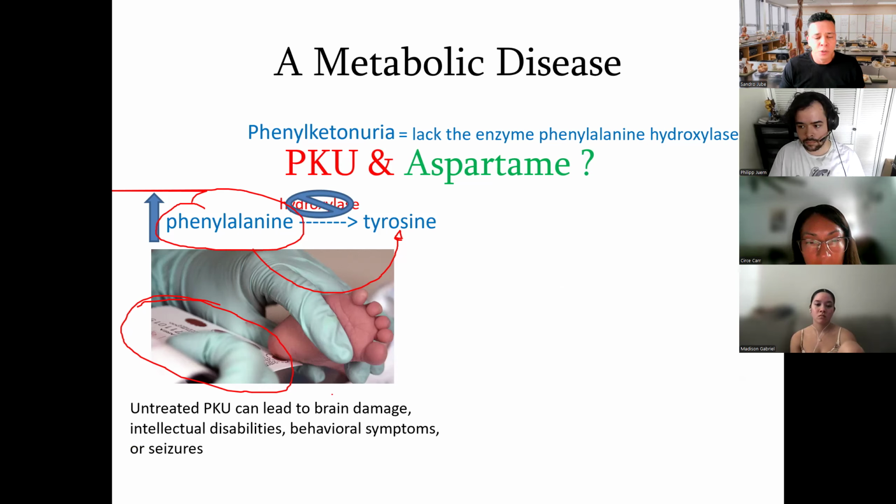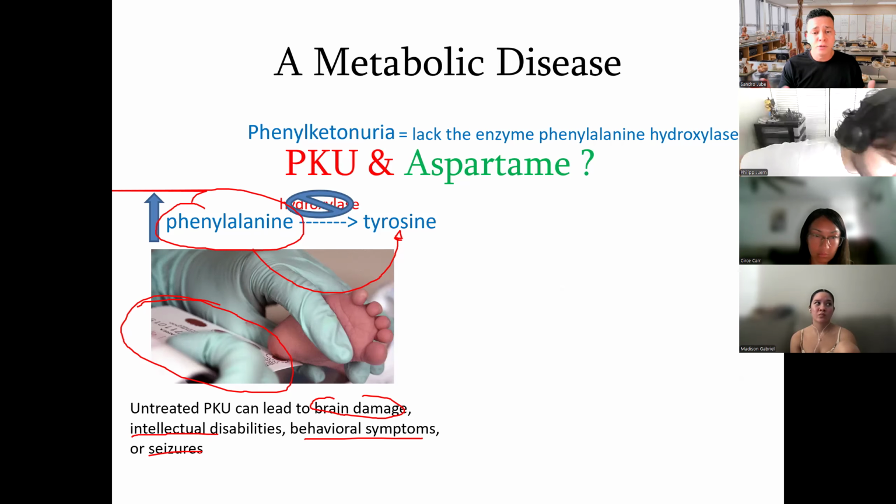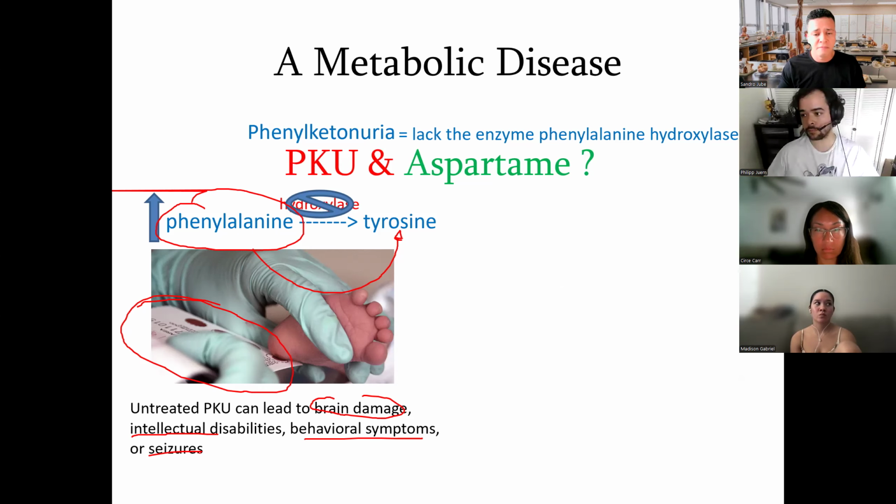That is going to lead to brain damage, intellectual disabilities, behavioral issues, and seizures in that little baby. Now, how do we treat it? There's no cure, but how do we manage PKU? First of all, it's something that is going to be managed for the entire duration of that individual's life.